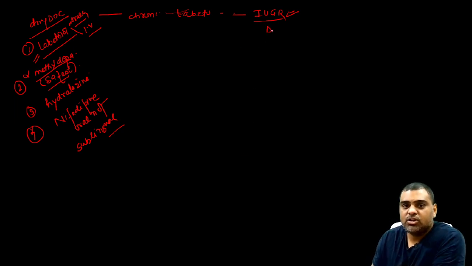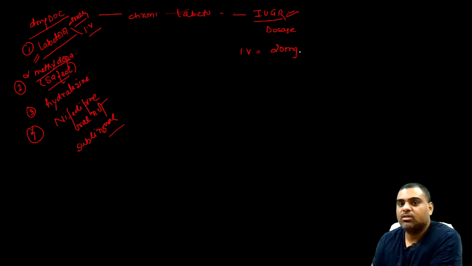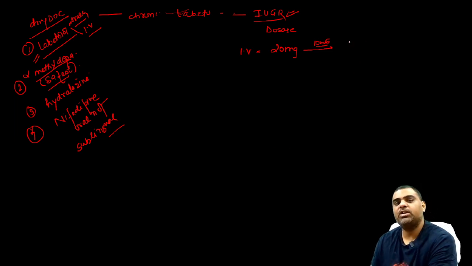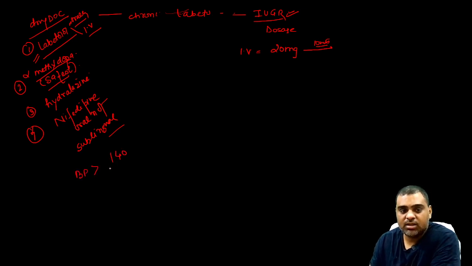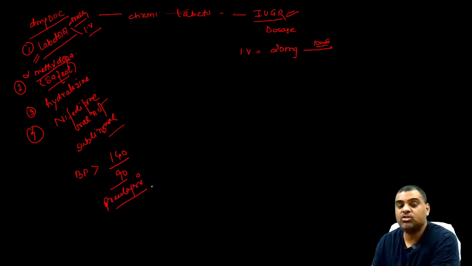Now, if we talk of the doses of labetalol, IV, how to use? First, it is given 20 mg. Then we wait for 10 minutes. If BP is controlled... now first of all, when to give the drug? I have told you, whenever the BP is more than 140 by 90, that is called preeclampsia. If there is proteinuria, we still don't start antihypertensive drugs.